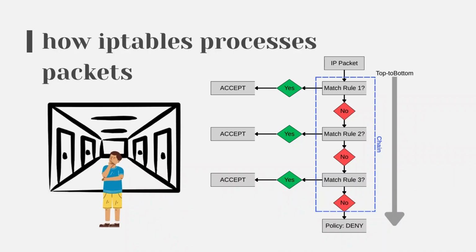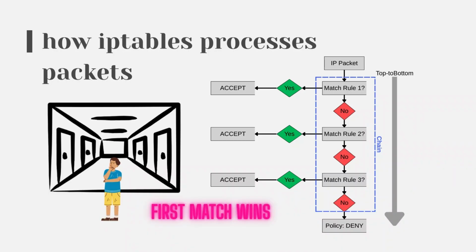This behavior is called first match wins. So, the order of your rules really matters. If you put a very broad rule near the top, it might catch packets before they ever reach the more specific rules below. That's why when we build firewalls later, we'll think carefully about the sequence of our rules.